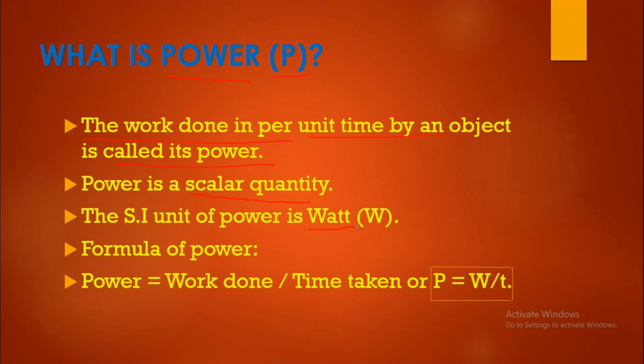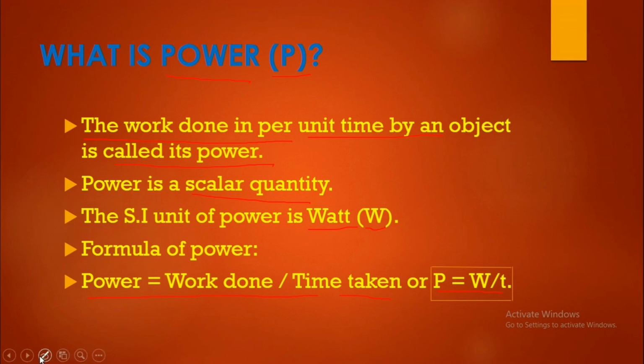It is named after the scientist Watt, and it is denoted with capital W. The formula of power is work done by time taken, as the definition says, work done per unit time. So P is equal to W by T. So this was the formula of power.